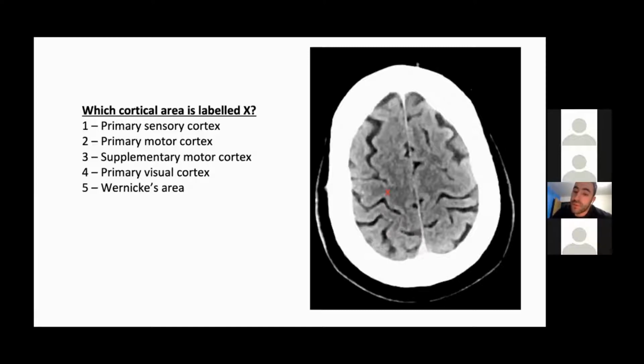Then you have to go through the brain matter, but you want to avoid the motor cortex. There are certain parts of the cortex that we call eloquent, by which we mean if they are injured, they cause a much more significant deficit that causes severe disability to the patient. The motor cortex is prime among them, so usually we try to avoid that and go anterior to it. This is why it's really important to be able to identify some of these gyri just using these landmarks.